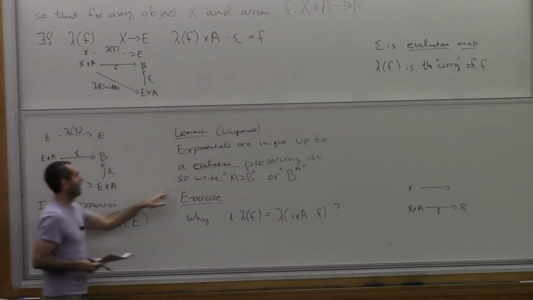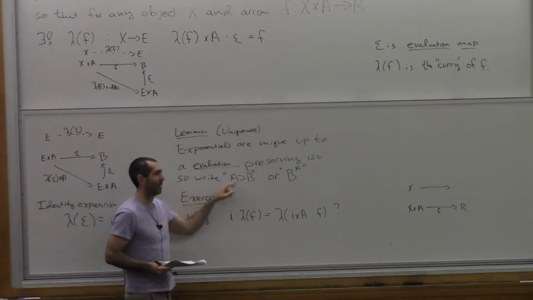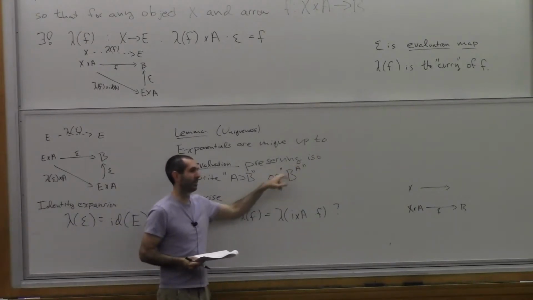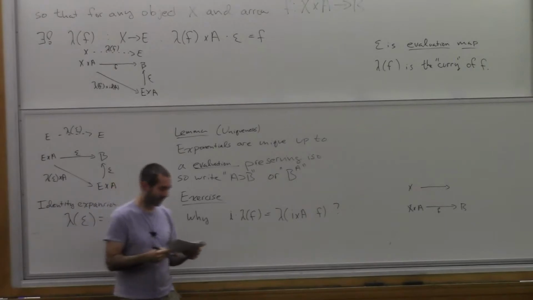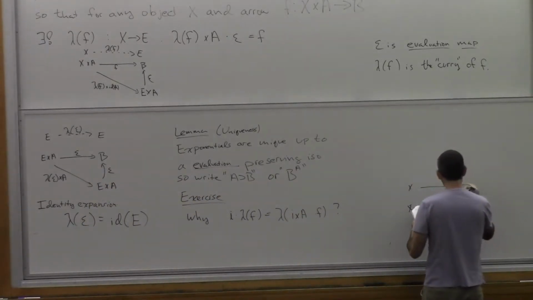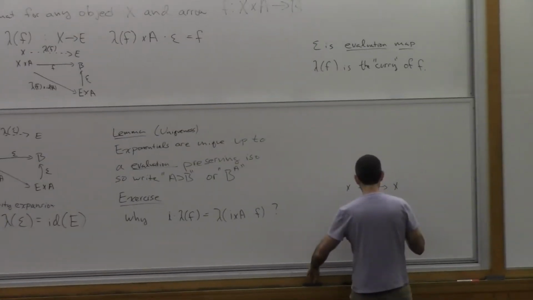So E is the exponential of A and B. I write this as an infix thing usually because if you try to compose it, the superscripts get a little cumbersome.